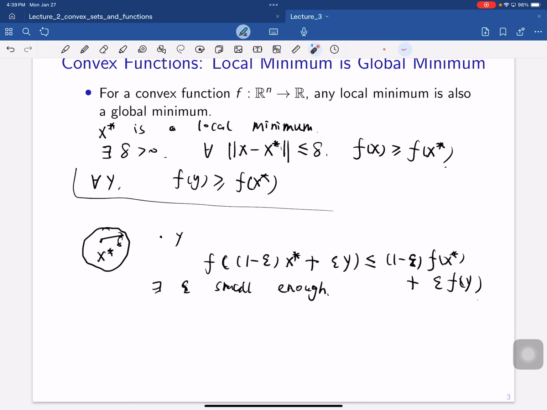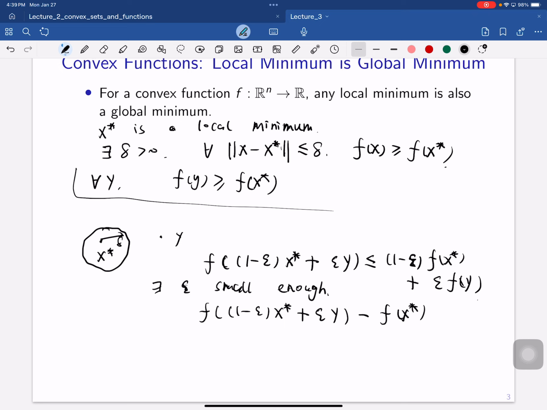We have f of (1 minus epsilon) x star plus epsilon y, let's say, minus f of x star.